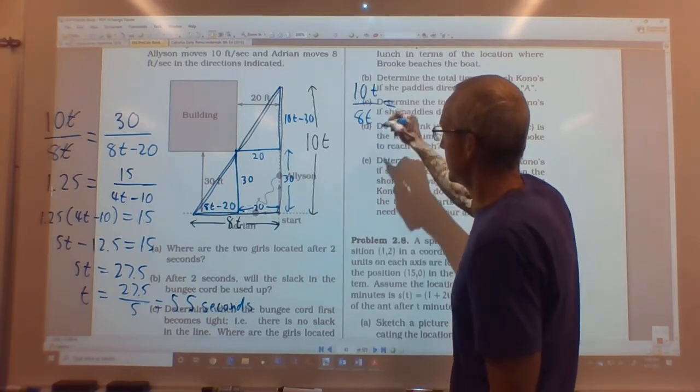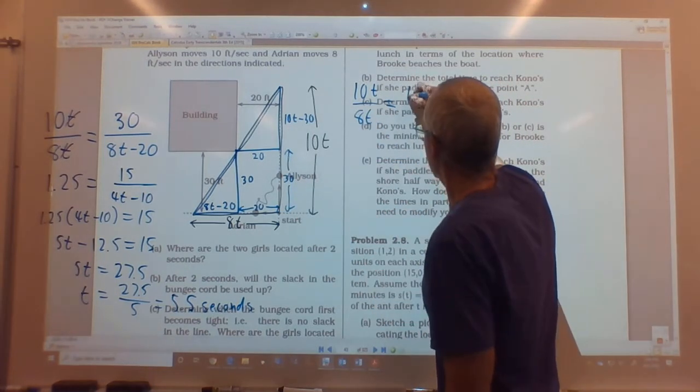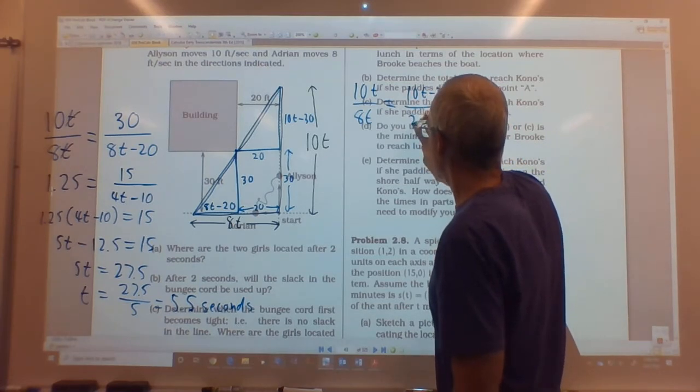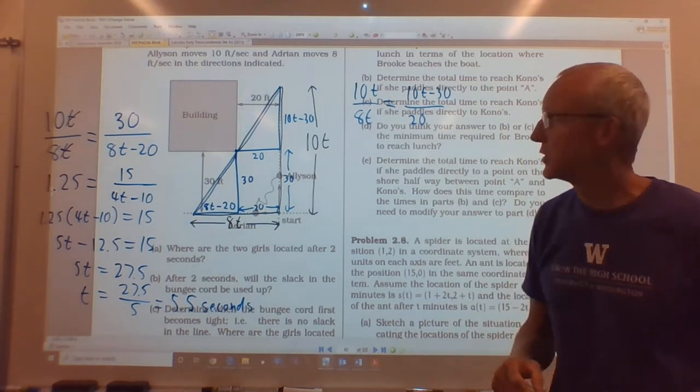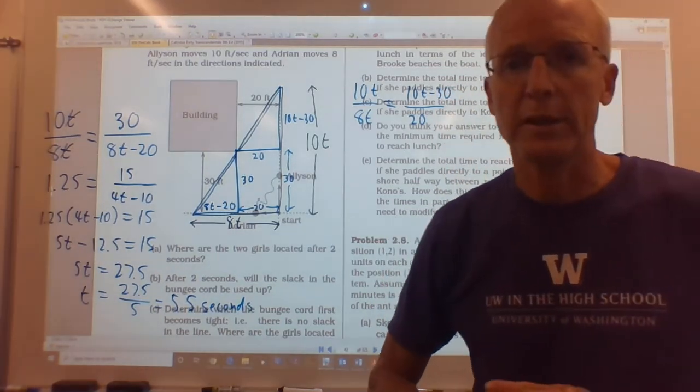So we'd say 10t is to 8t as 10t minus 30 is to 20. And you should get the exact same thing, 5.5 seconds, because either little triangle works.